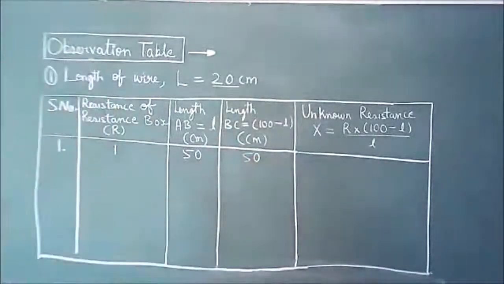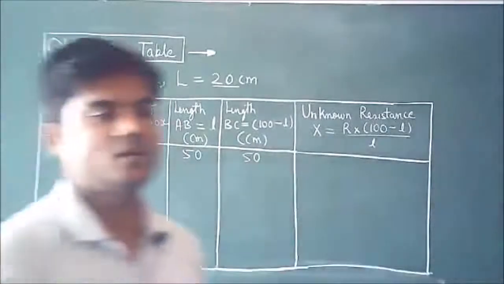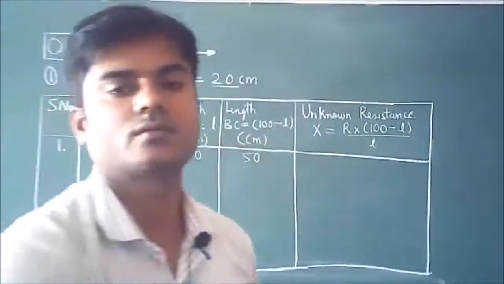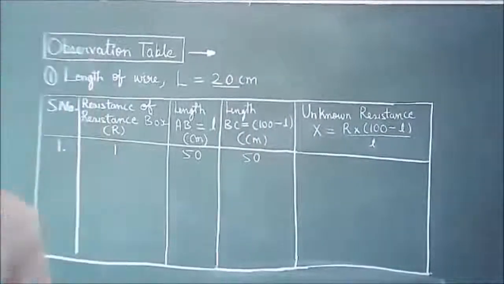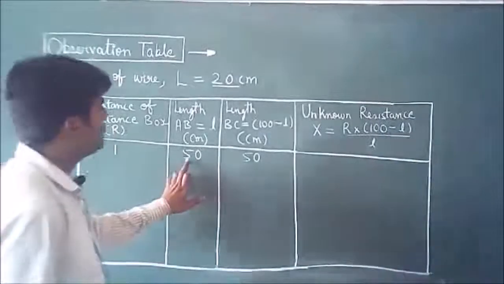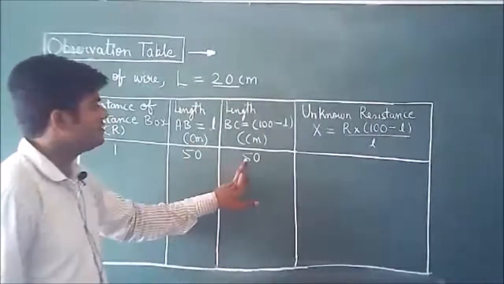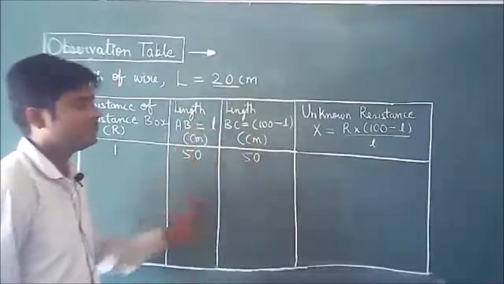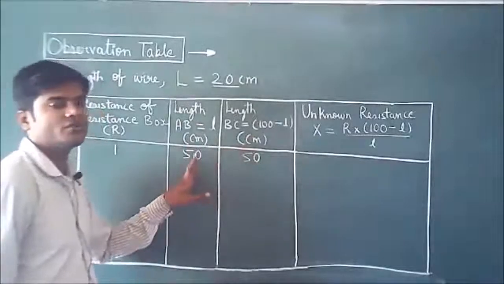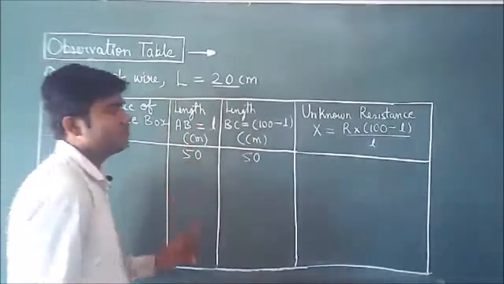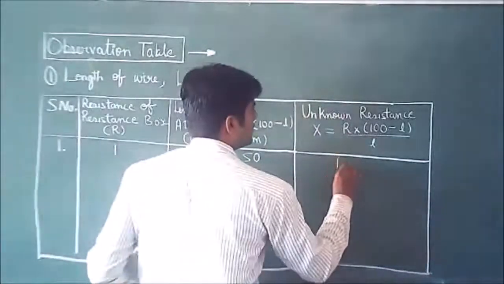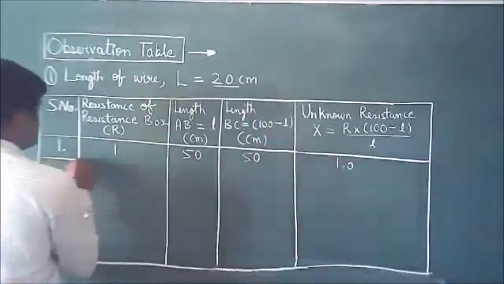When we calculate it, we will come to know the value of X. So our first reading was AB 50, BC 50, meaning L is 50 and 100 minus L is 50. So (100 minus L) upon L, that is 50 upon 50, into R, is equal to 1 into R. So we get 1.0. This was our first reading.